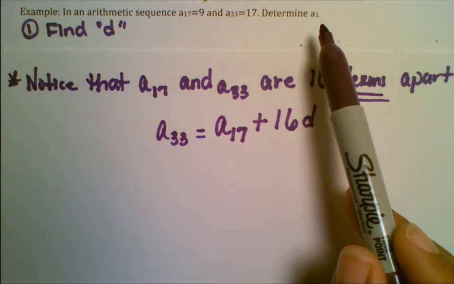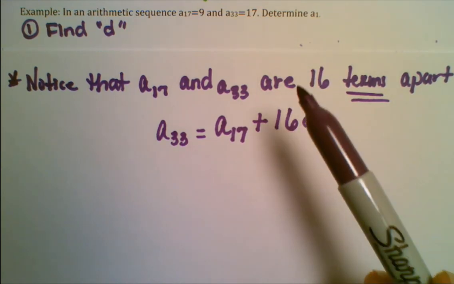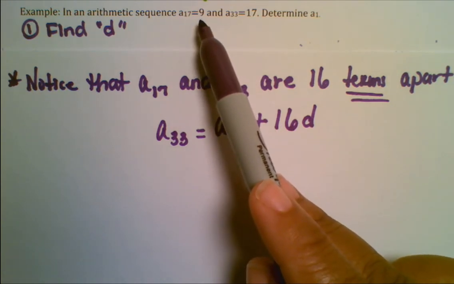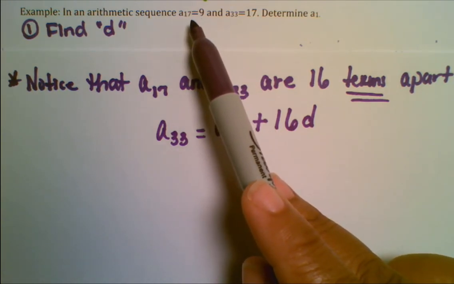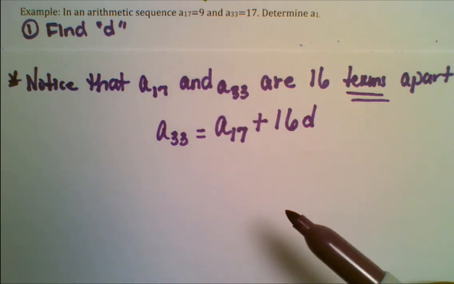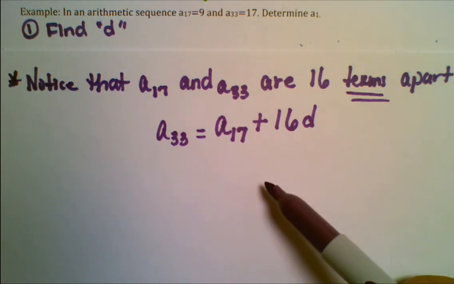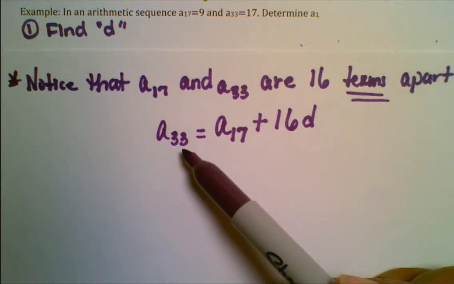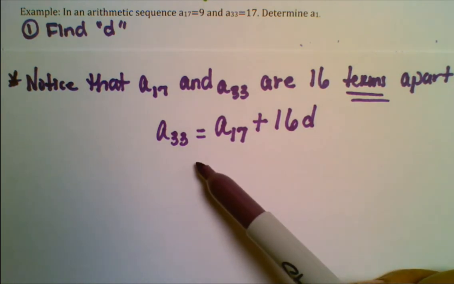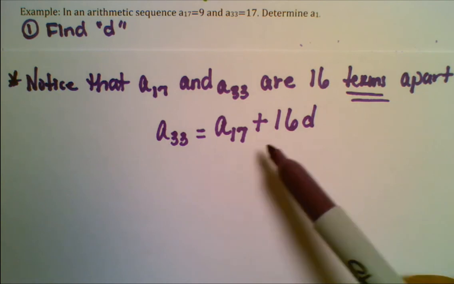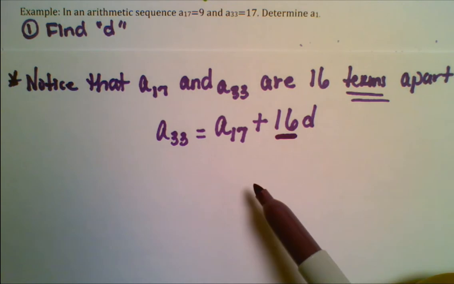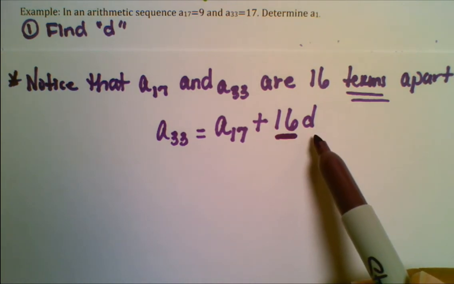So to set up this particular question, you want to take the highest term, set it equal to the lower term, plus how many terms apart those terms are, times D.